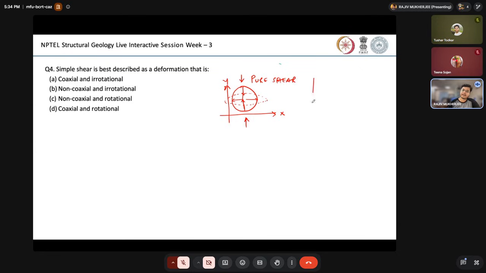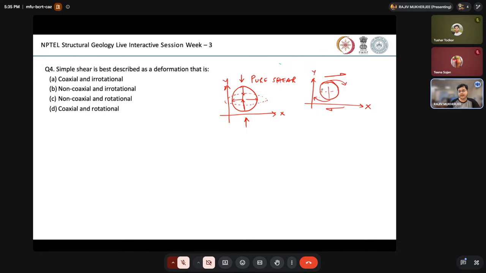But if I have a configuration and I say I'm just applying the shear components and nothing else, then this line would rotate in this direction and this end will rotate to this direction.